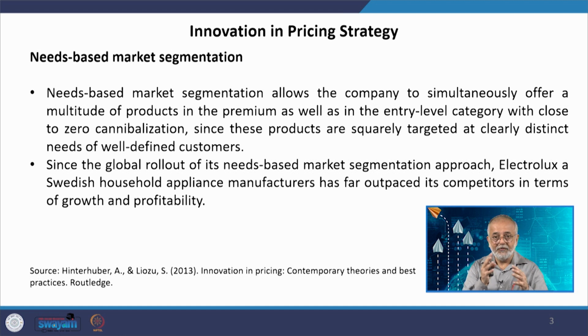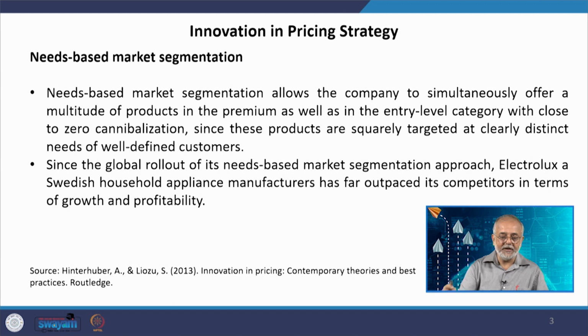But when we are talking of micro segments, individualistic targets, and when we are focusing upon need based market segmentation, here if we are focused upon pricing as an element, and we have talked about some pricing mechanisms earlier as well, then you would realize that cannibalization of one of the products gets reduced.